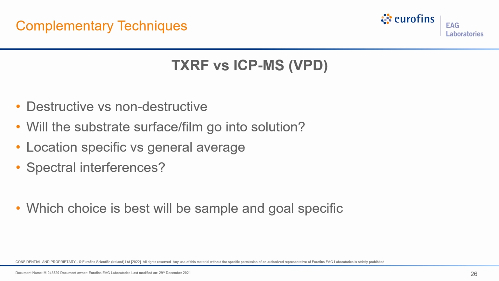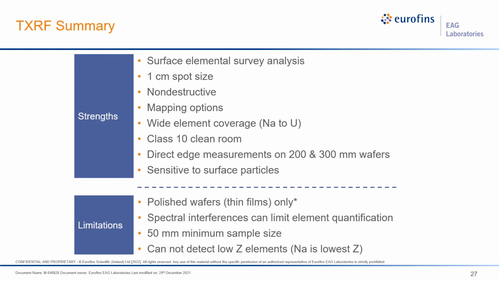And so finally, I want to end on a TXRF summary, and these are the points, if you take anything away from today's webinar, this is what I'd like you to remember. So TXRF, this is a surface elemental survey analysis. It has a wide element coverage from sodium to uranium.